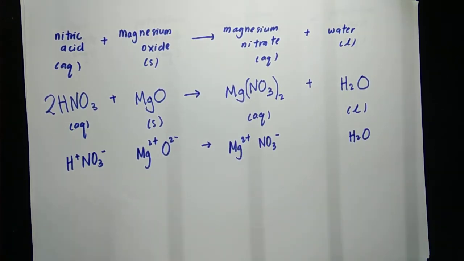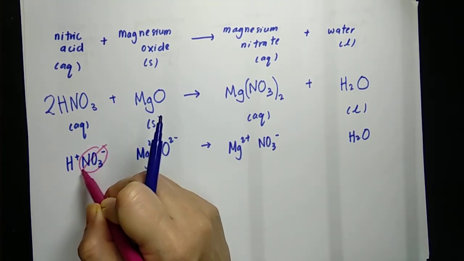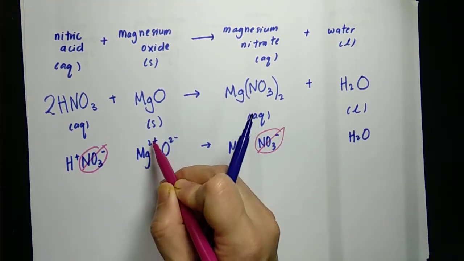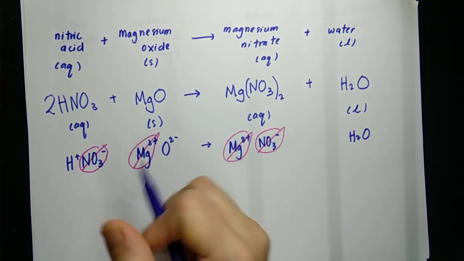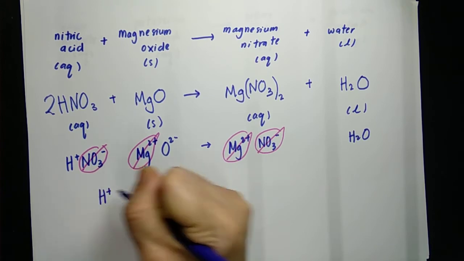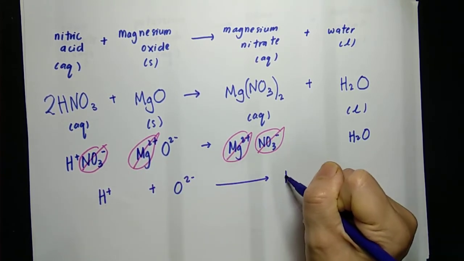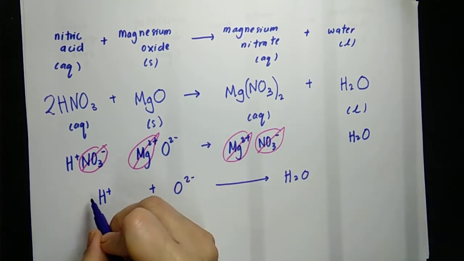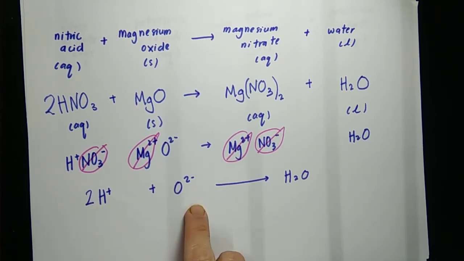The first one is they cancel out all the spectator ions: nitrate, nitrate, magnesium ion, magnesium ion. Hydrogen ion plus oxide becomes water. Balance the equation. So this is a type of ionic equation to show neutralization between an acid and a base.